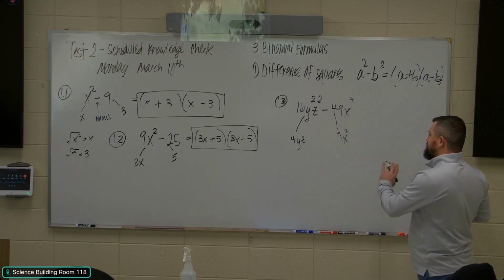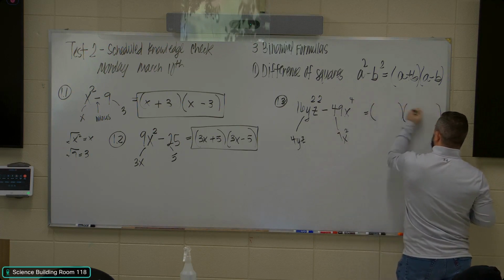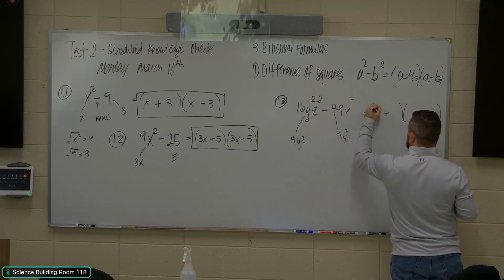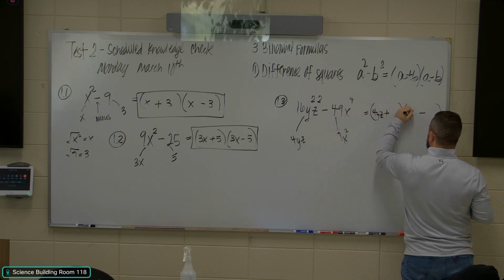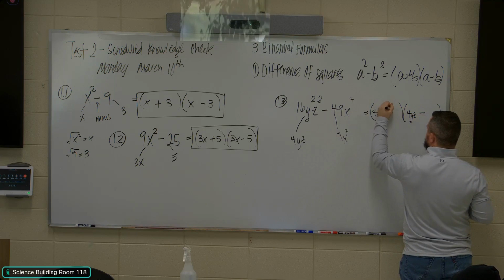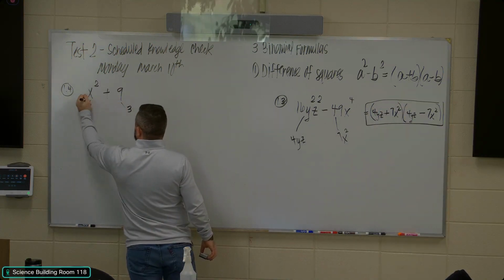Anyway, I was able to take the square root of everything, and so now plus minus 4yz and 7x squared. Okay, so this has square roots.